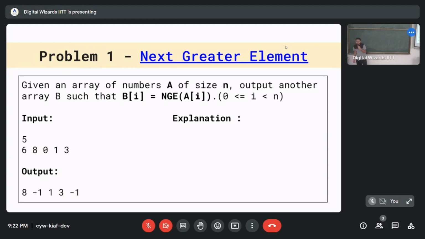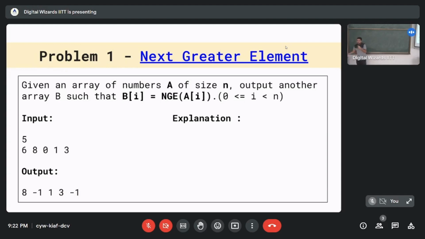So I want you guys to think again, have you solved this problem before? It's second year, so at least heard about this problem. No one? Okay, that is fine because I'll be starting from a complete design perspective.